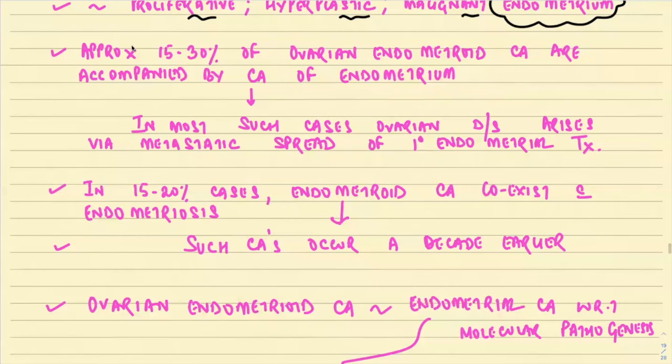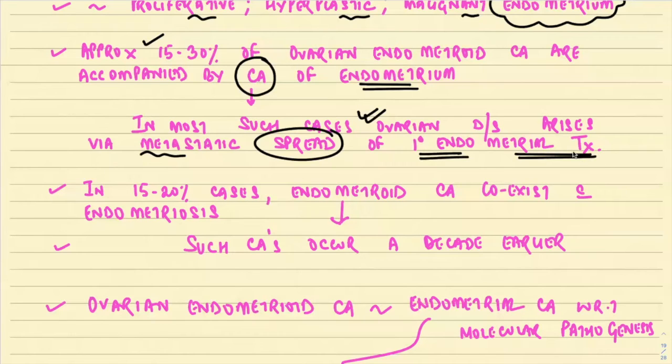Approximately 15 to 30% of ovarian endometrioid carcinomas are accompanied by carcinoma of the endometrium. So very, very important. In such cases, the ovarian endometrioid carcinoma is arising via metastatic spread from the primary endometrial carcinoma in the uterus.